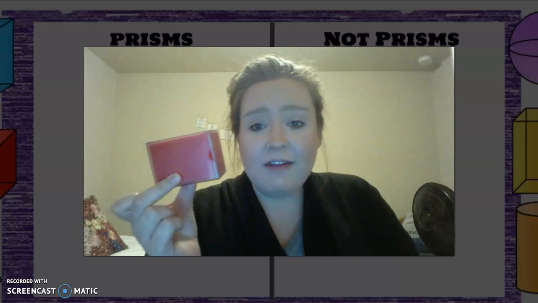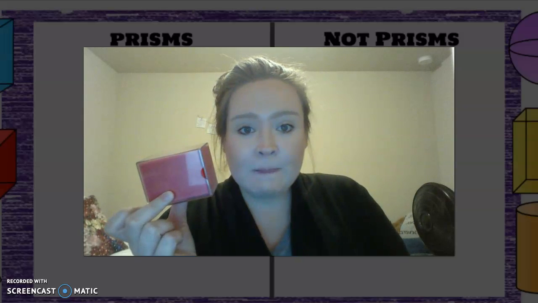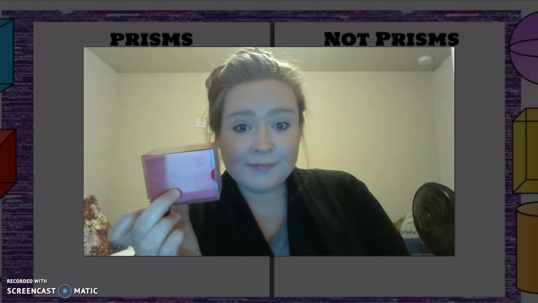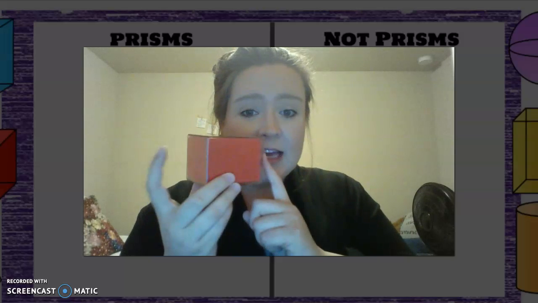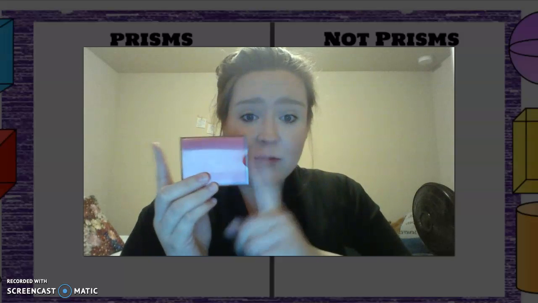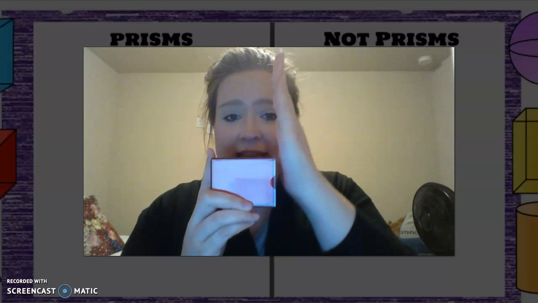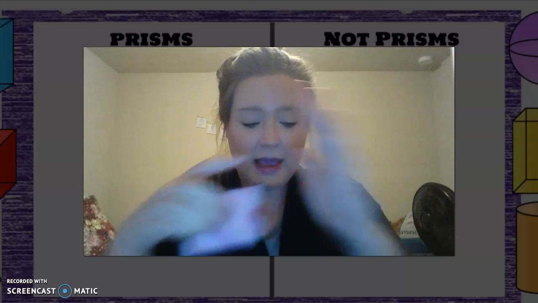But what about this one? Does this figure have identical parallel ends? Yes, this one does have identical parallel ends. This and this are the same. Those are identical, and they are never going to meet. If I kept extending this, it's never going to meet with this one, okay?